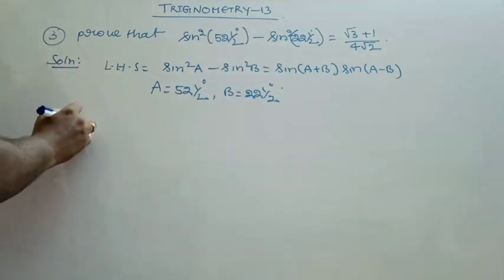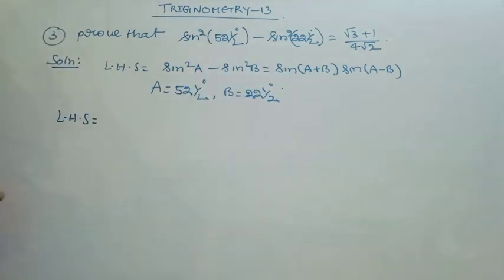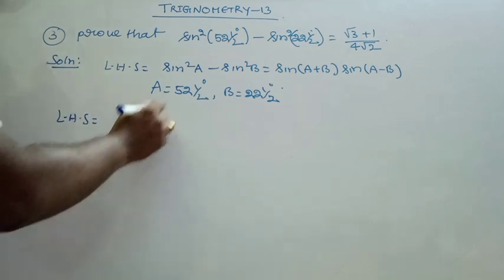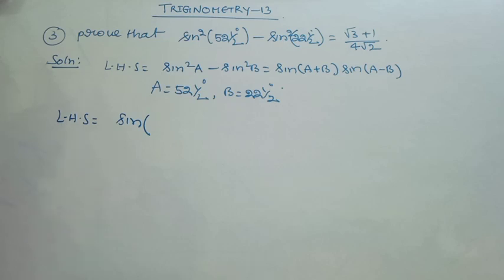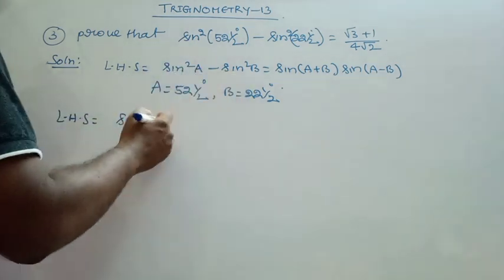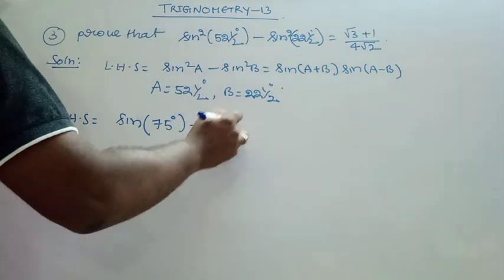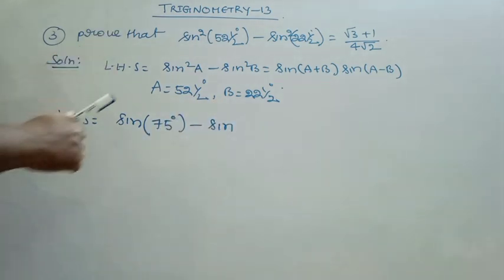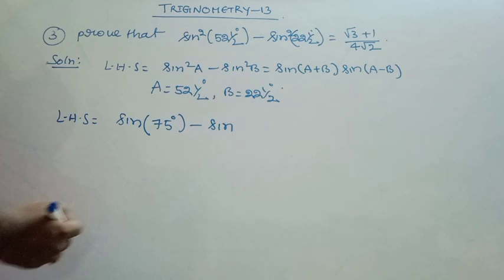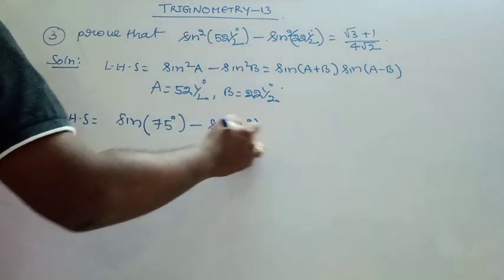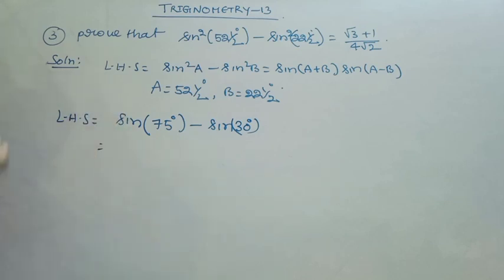Therefore, your problem left hand side is sine square A minus sine square B. That is equal to sine A plus B, 52 and half plus 22 and half, 75 degrees, sine 75 degrees, into sine A minus B, 52 and half minus 22 and half, what you will be getting is sine 30 degrees. Now we already did sine 75 degrees value by using the sine A plus B formula.